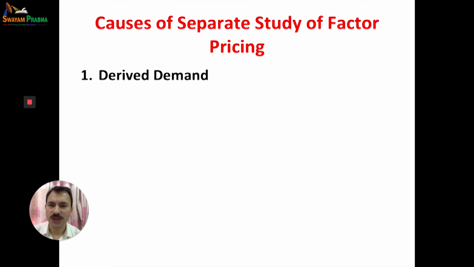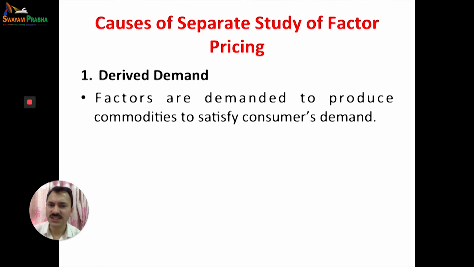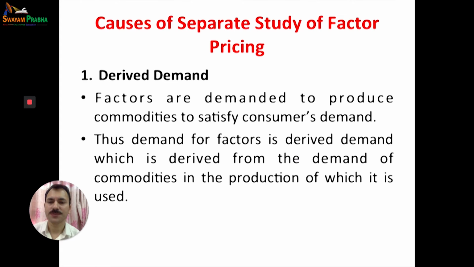First one is derived demand. Factors are demanded to produce commodities to satisfy the consumer demand. The factors, say labor and capital, are demanded to produce the commodities to satisfy the consumer demand. If you want to consume something or produce something, you need a factor of production, say labor or capital.